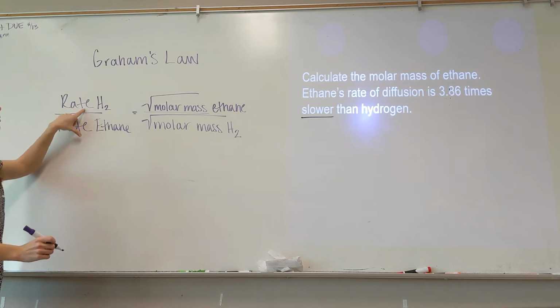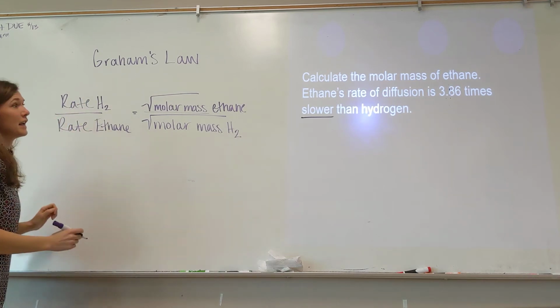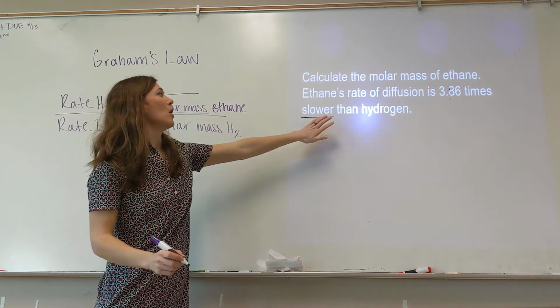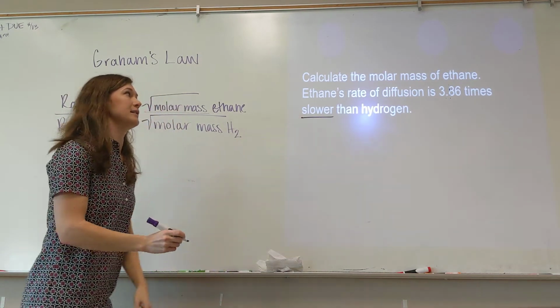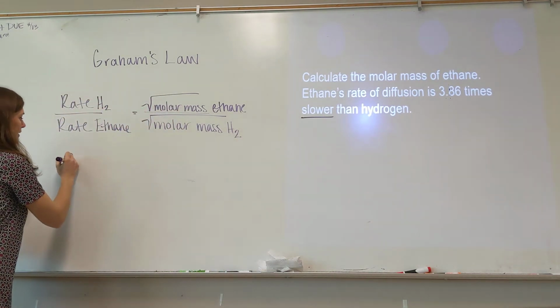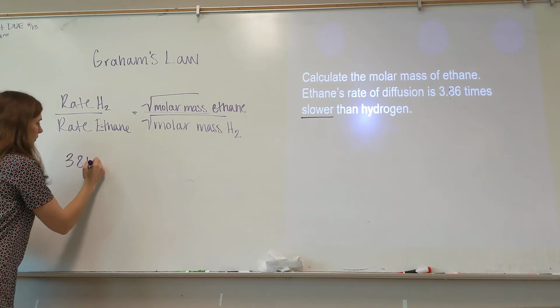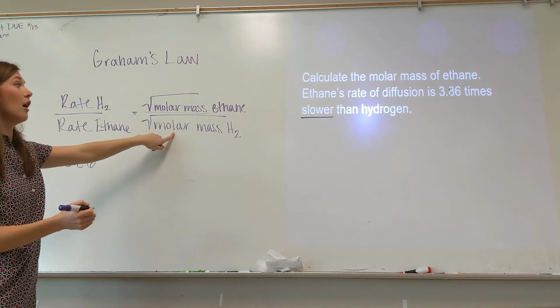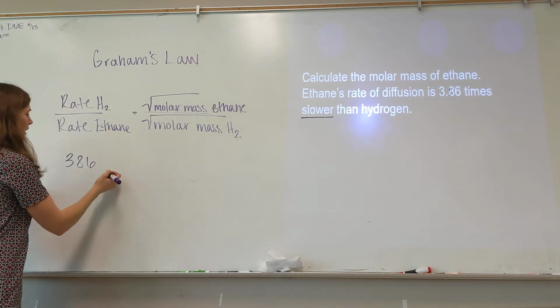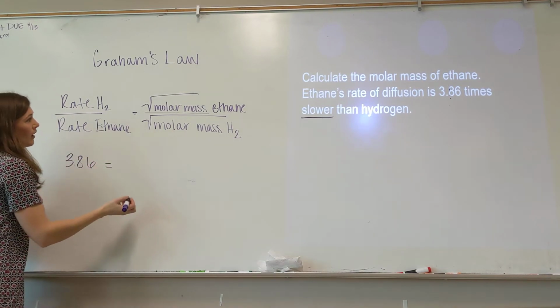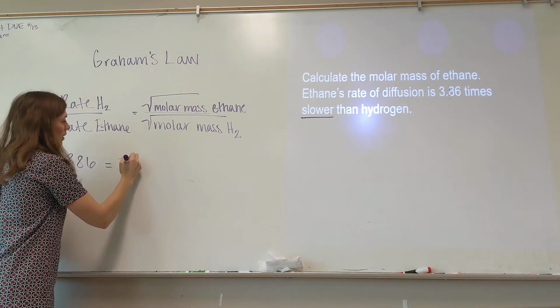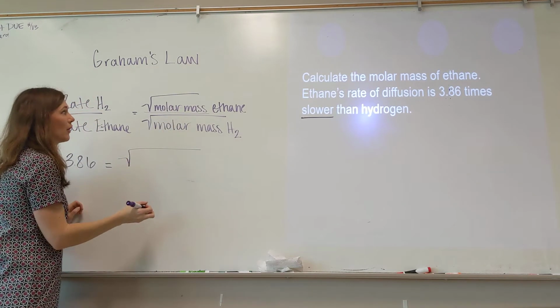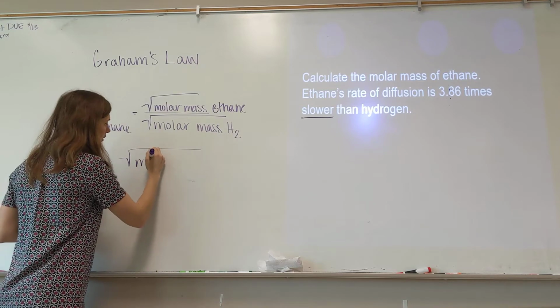All right. Now, the problem gives me this quantity. It gives me the ratio of rates. It tells me that I know 3.86 over here. I can also figure out the molar mass of hydrogen. So I need to figure out the molar mass of ethane.